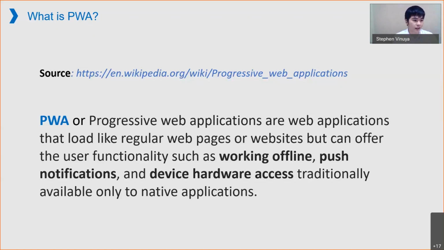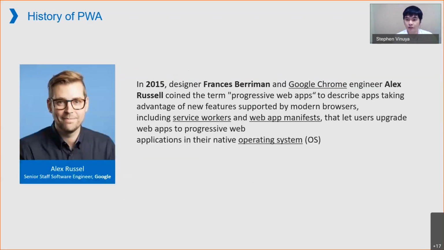Next, how did PWA originate? Who invented or coined the term PWA? In 2015, Alex Russell and Frances Berriman coined the term PWA, or Progressive Web Application, to describe applications taking advantage of the new features supported by modern browsers, which are service workers and the web manifest.